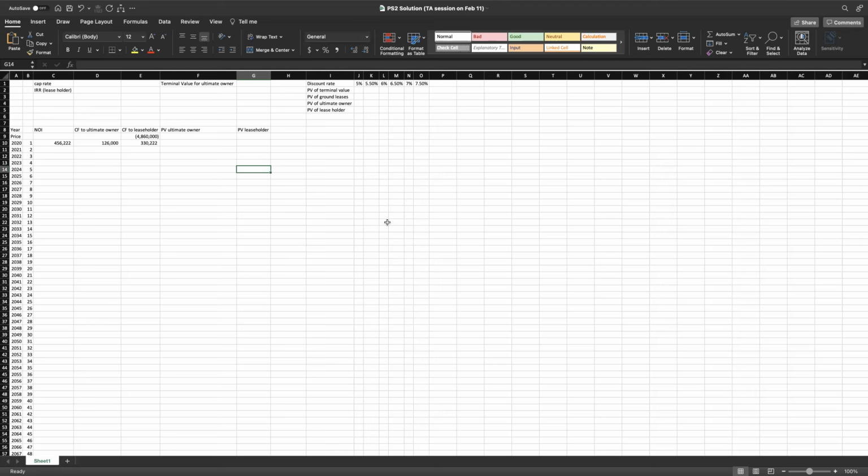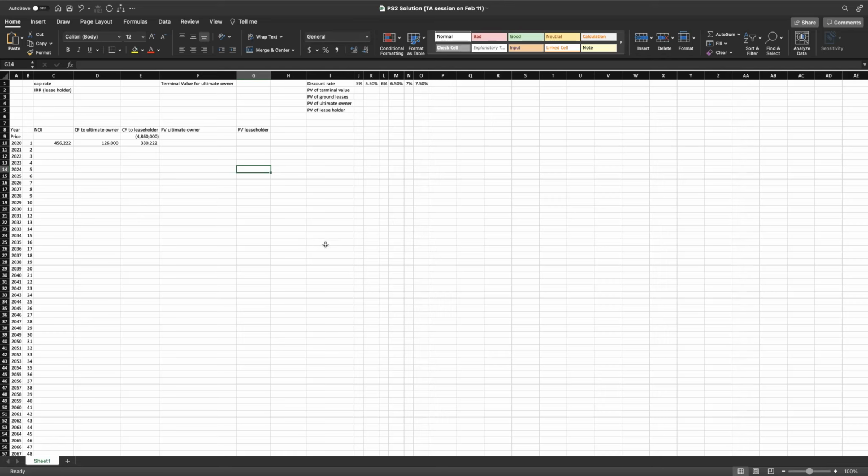I know some of you asked me, if rental income is growing as assumed in the problem, should I assume expenses also grow? The answer is yes here.